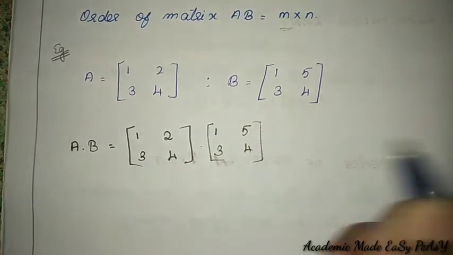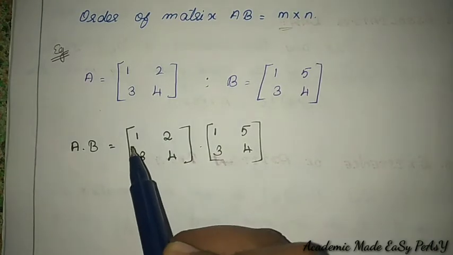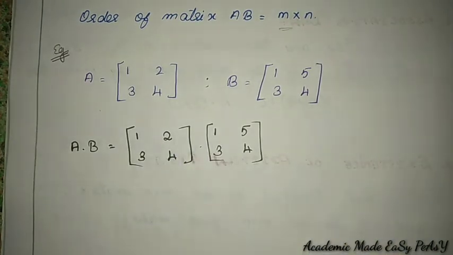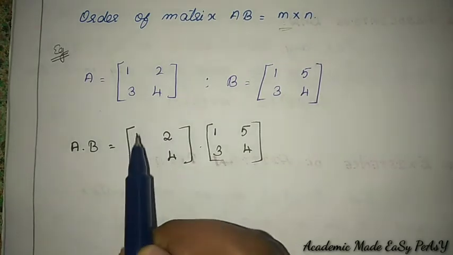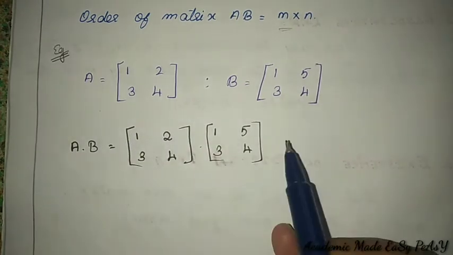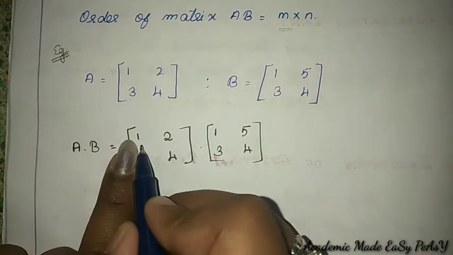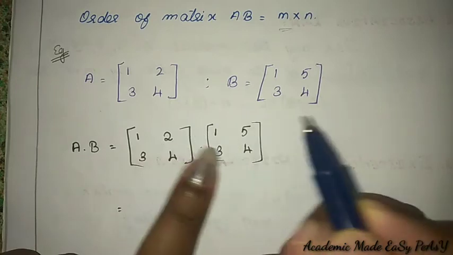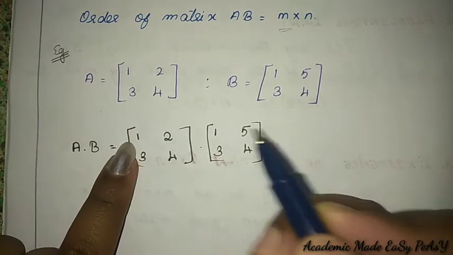So this is what we have to multiply. In addition, we directly added the corresponding elements, isn't it? But here for multiplication, you should not multiply the corresponding elements. Instead, what you have to do is that first we will be taking this row. We need not worry about the other matrix for now. We will be taking only this matrix.